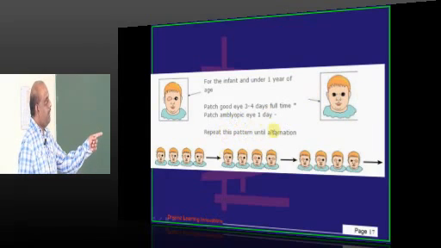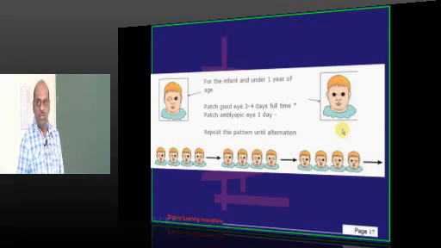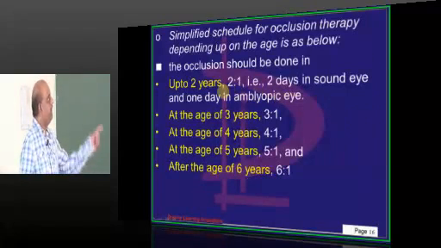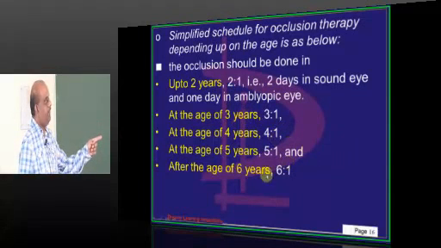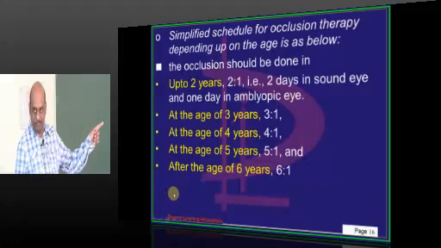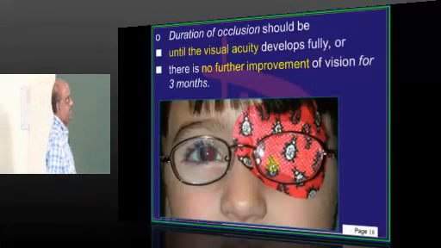And you basically need to repeat this pattern continuously. So this is the typical protocol of 2:1, 3:1, 4:1, 5:1, 6:1. But this is the most recent protocol, which you can remember because in entrance they can ask it.